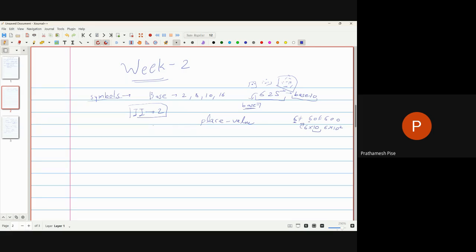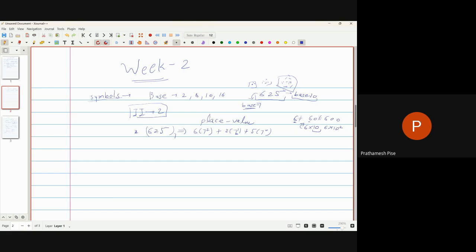So what is base? For example, in this 6 2 5, if it is base 7, this in base 7 actually means that it is 6 into 7 square plus 2 into 7 raised to power 1 plus 5 into 7 raised to power of 0. This is base.